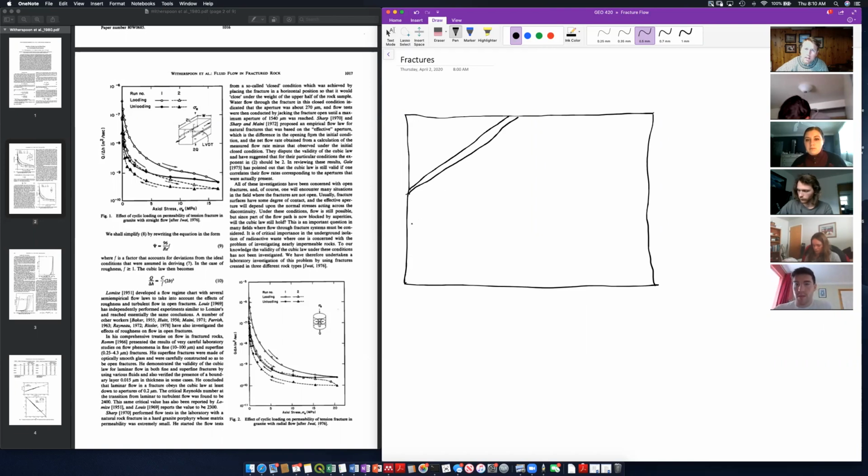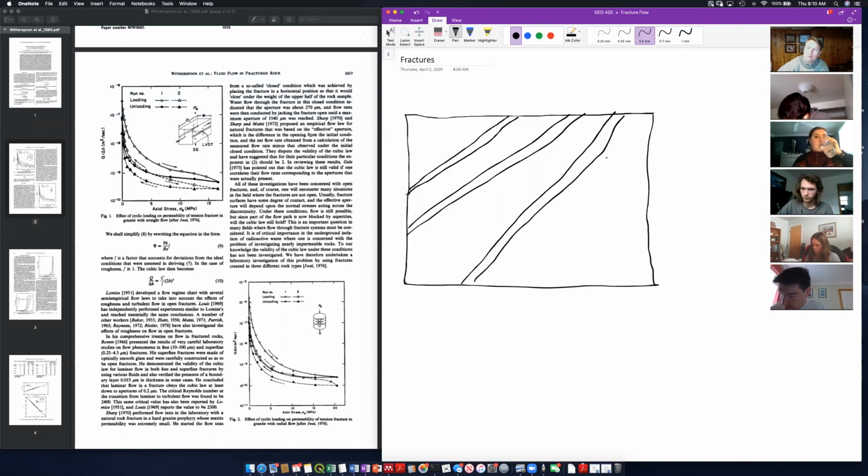We'll get these sets of fractures, and in a perfect world, they're sort of parallel-ish. And some of them will intersect.